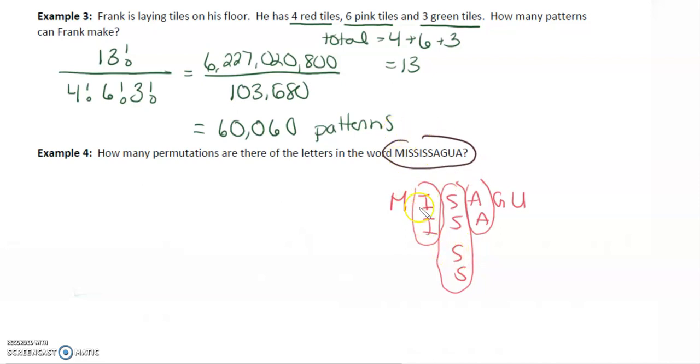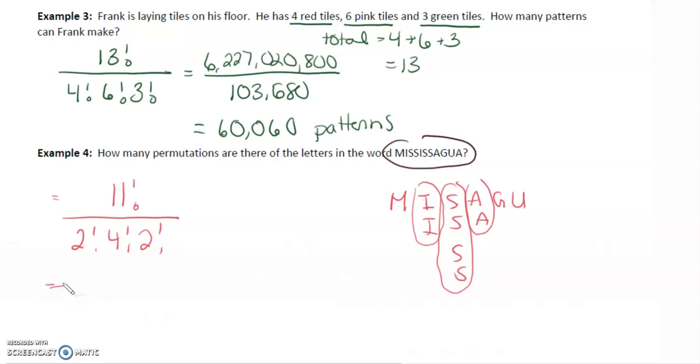So if we count the letters in the word Mississauga, 1, 2, 3, 4, 5, 6, 7, 8, 9, 10, 11, we're going to get 11 factorial in the numerator. And now we just have to divide out the duplicates. So we're going to divide out 2 factorial, 4 factorial, and 2 factorial.